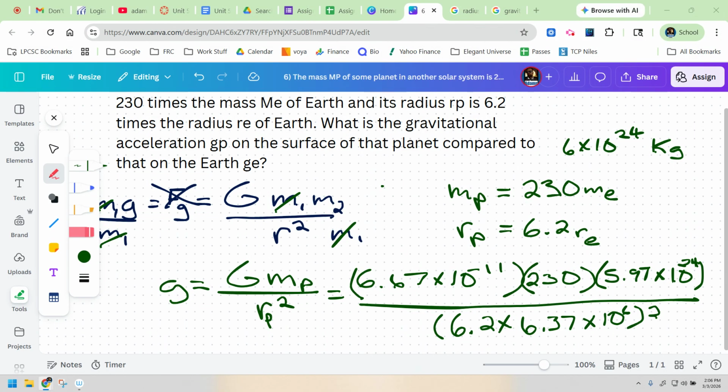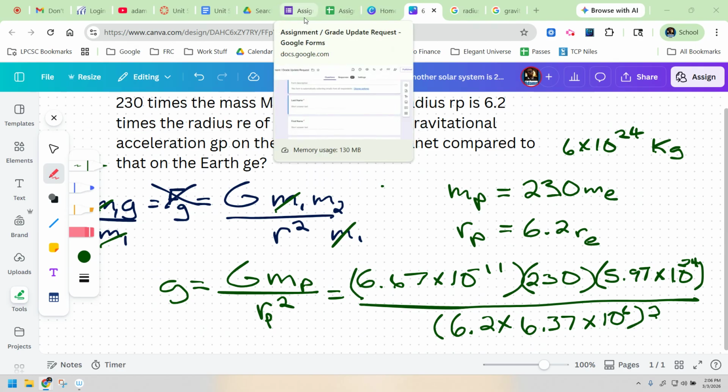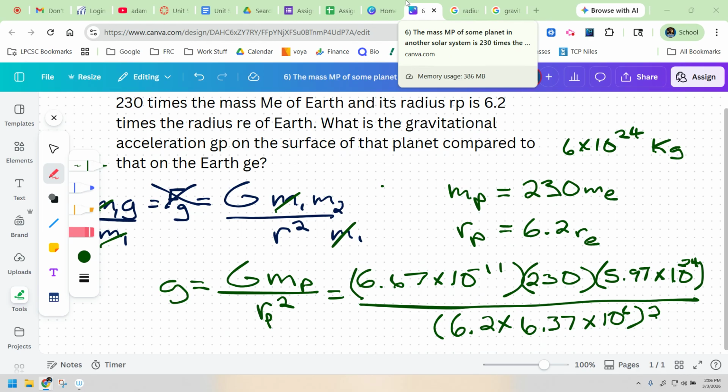So that 6.37 times 10 to the 6th power, but this whole thing has to be squared. I feel like I'm off by 1 order of magnitude.